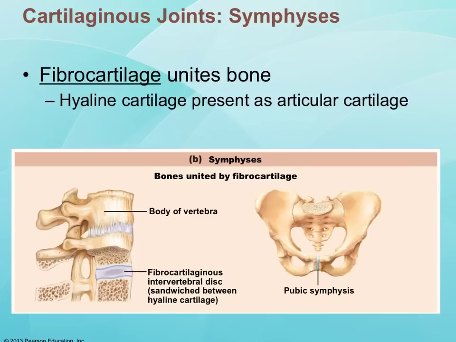The symphysis are fibrocartilage-binding joints. You can find them in the intervertebral disc here, and also in the pubic symphysis. That's how we name this pubic symphysis. They contain strong fibers, so they can resist compression.